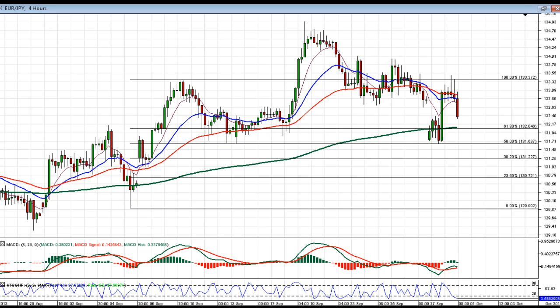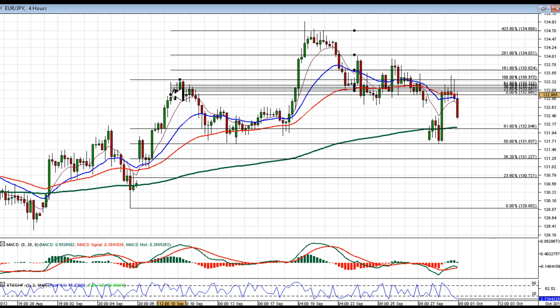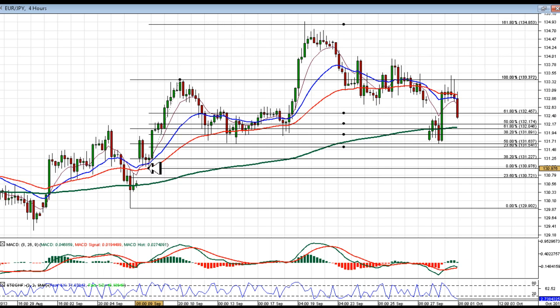And what you could also do is the same thing, but you've got to start at the same place, and bring it down to an area where it's a little bit higher. And if we start to see areas where the lines overlap each other, then that's a big support area, in this case if we're pushing higher on the euro yen.